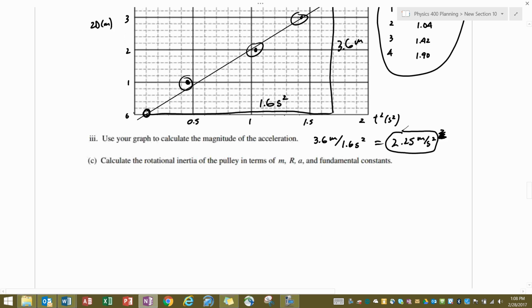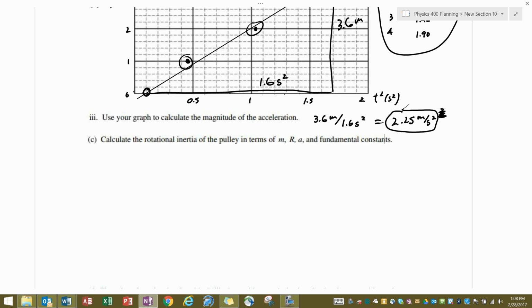Okay, so now it says calculate the rotational inertia of the pulley in terms of m, R, a and fundamental constants. So what I know is that the net torque is equal to I times alpha. And with the setup here, I know that the linear acceleration will be related to the angular acceleration because the string doesn't slip on the pulley wheel.